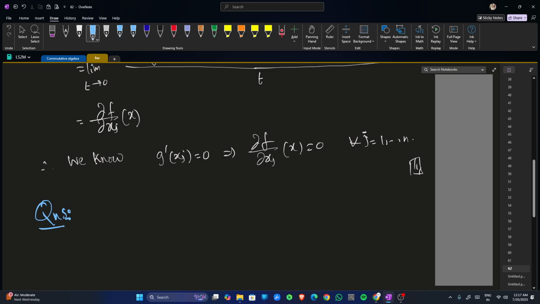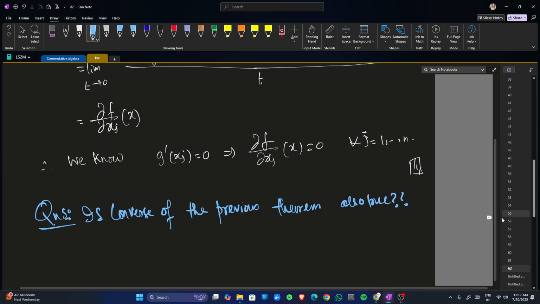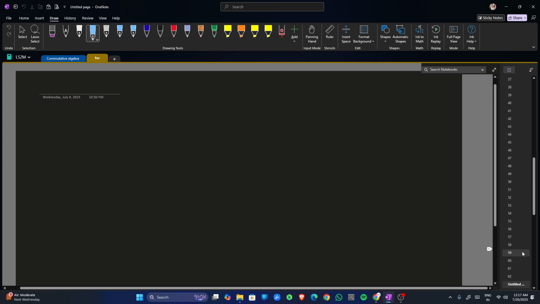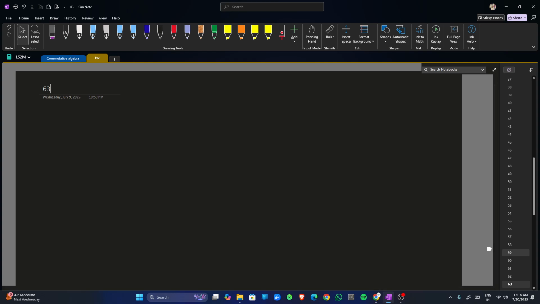Question. Is the converse of the previous theorem also true? The converse is not true in general.